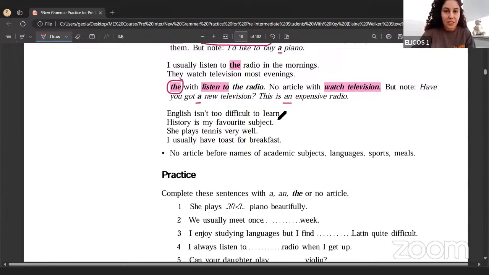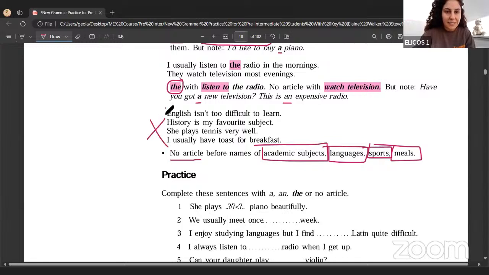English isn't too difficult to learn. History is my favorite subject. She plays tennis very well. I usually have toast for breakfast. No article before names of subjects, languages, sports, and meals. So no article, especially, you could see the sentences here are using those subjects as the start of the sentence.